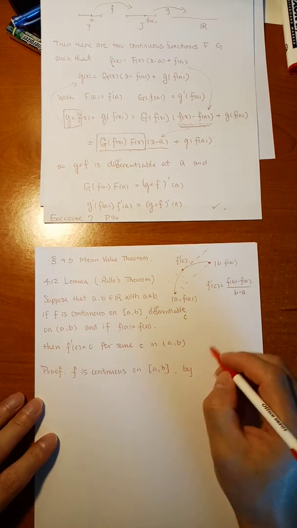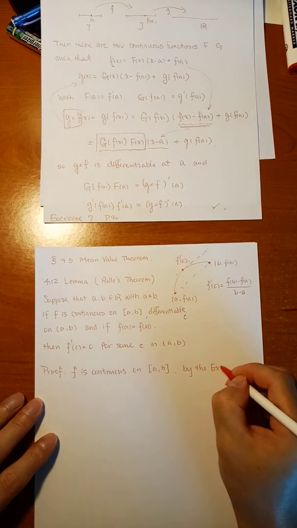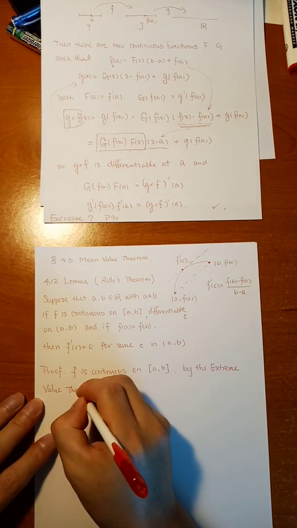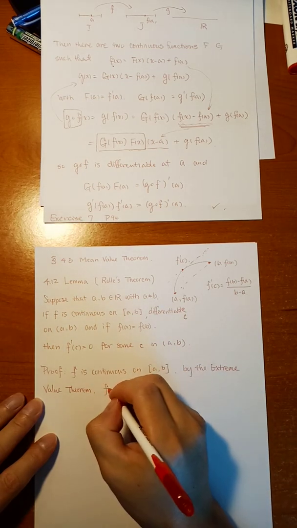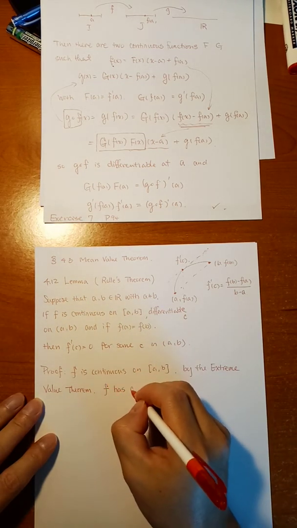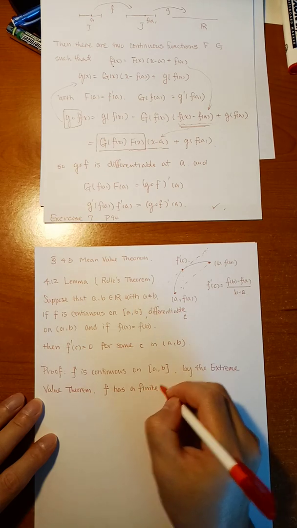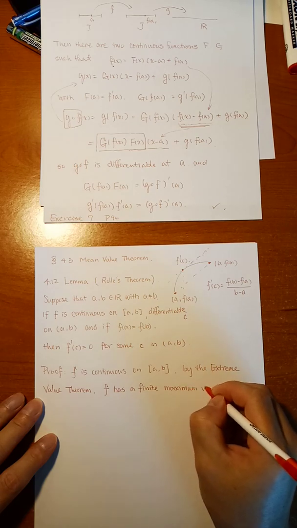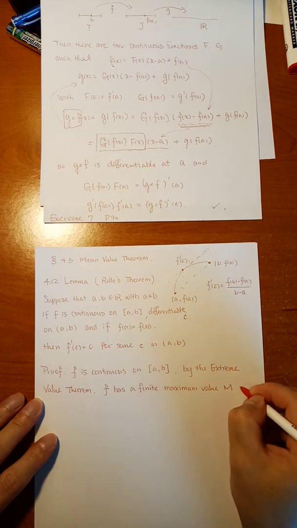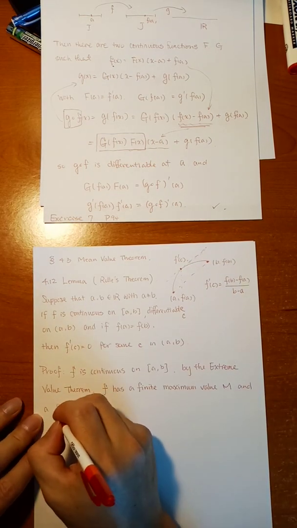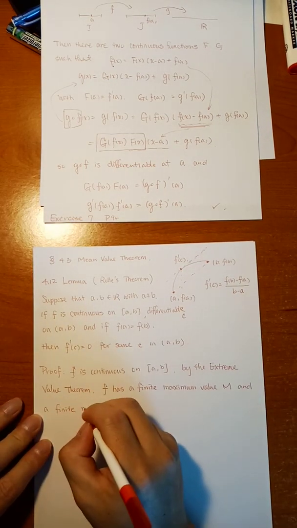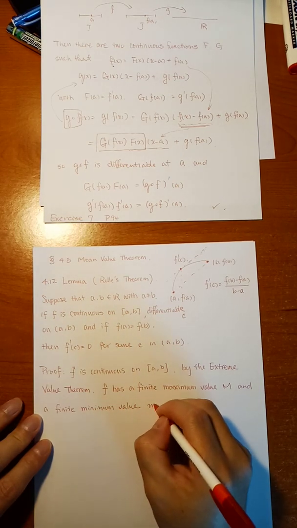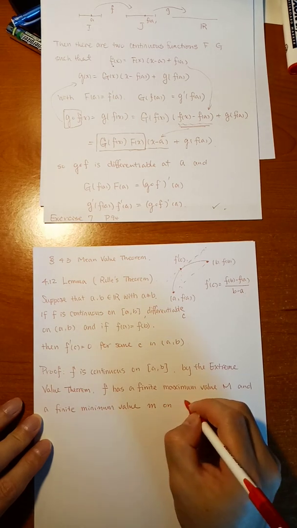So by the extreme value theorem, f has a finite maximum value, capital M, and a finite minimum value, little m, on the closed interval [a, b].